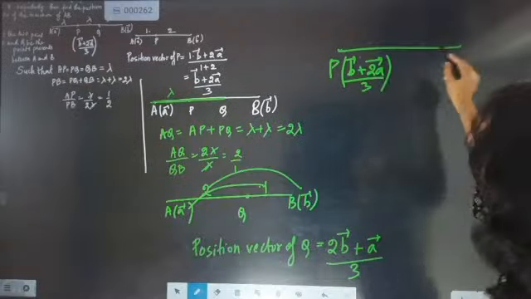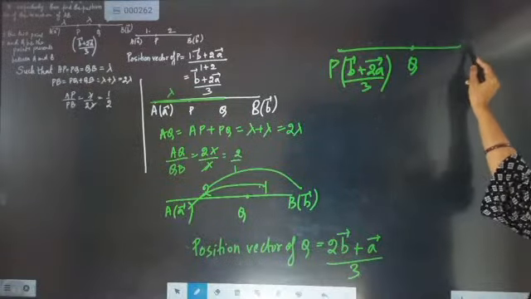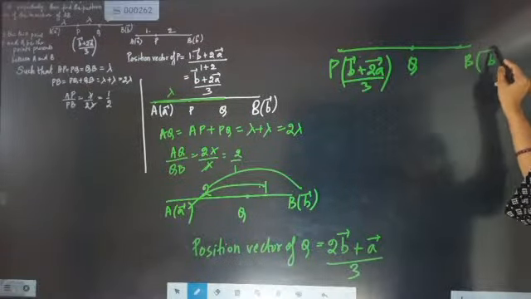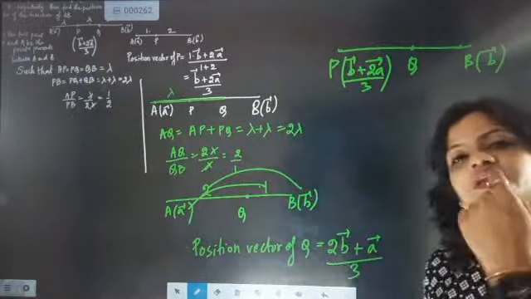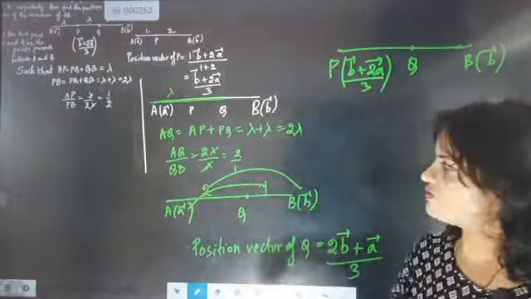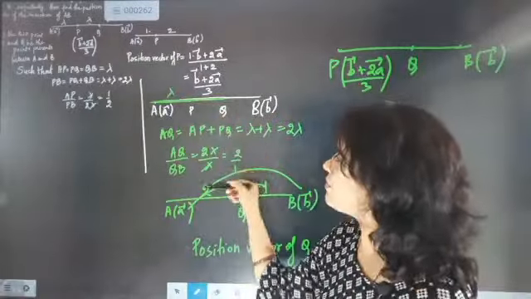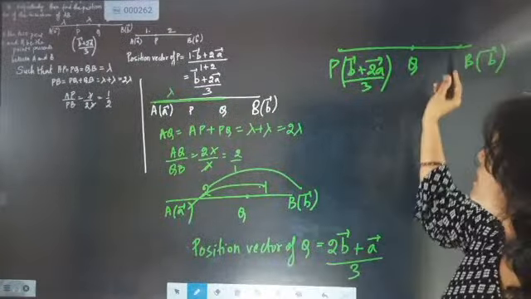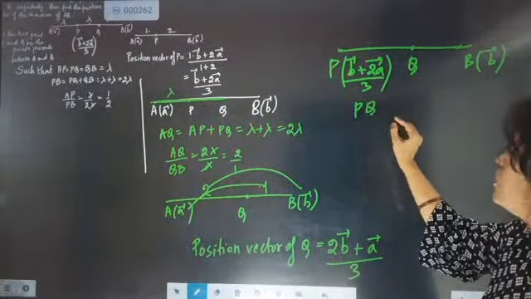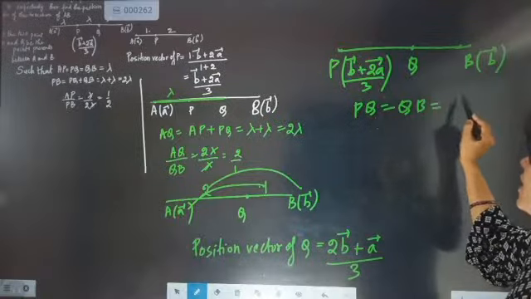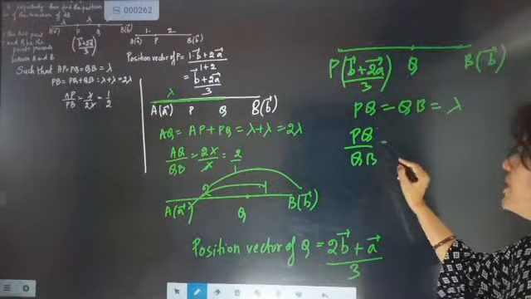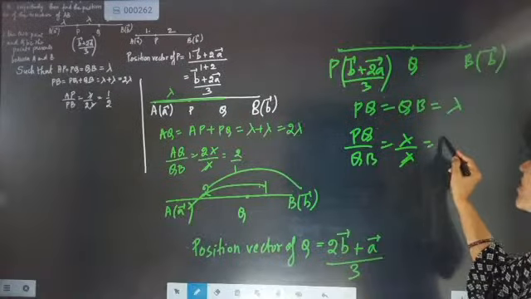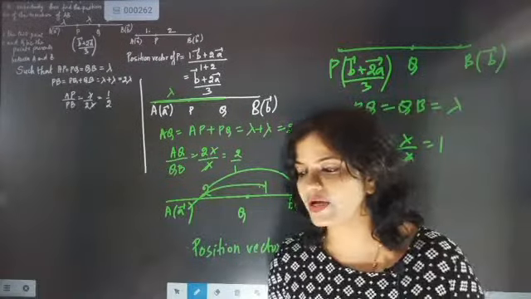And now you have to find the position vector of Q, and B vector is coming as B vector. Now we can use this also. One way is that since PQ equals QP equals 1 lambda, PQ by QP will be lambda by lambda. So the ratio is coming as 1, so 100% Q will become the midpoint.